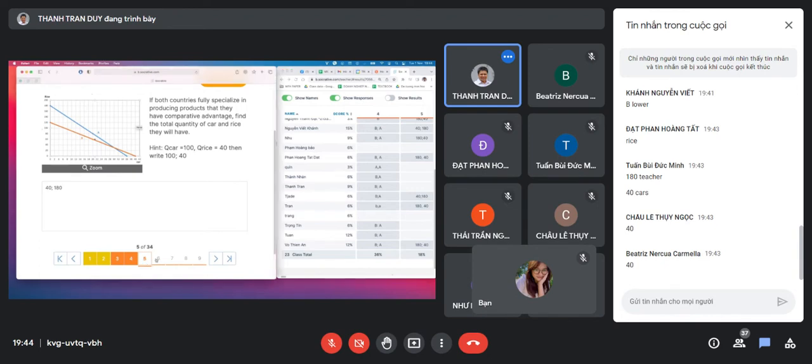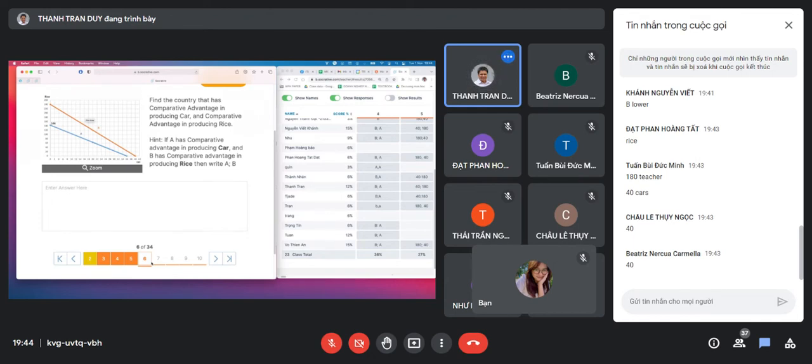Next. Number 6. Now this question is more difficult than the previous one, because in the previous questions the country had the absolute advantage, but in this case we know that country A. If I give you the diagram, sometimes they say country A has absolute advantage in everything.